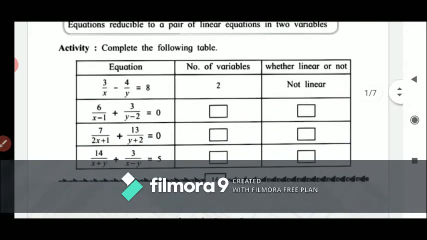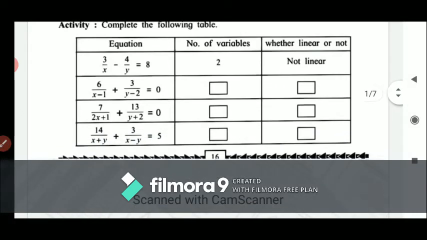Similarly, see the second example: 6 divided by x minus 1 plus 3 divided by y minus 2 is equal to 0. Here also variables are 2, x and y. It is also not a linear equation. See example number 3: 7 divided by 2x plus 1 plus 13 divided by y plus 2 is equal to 0.